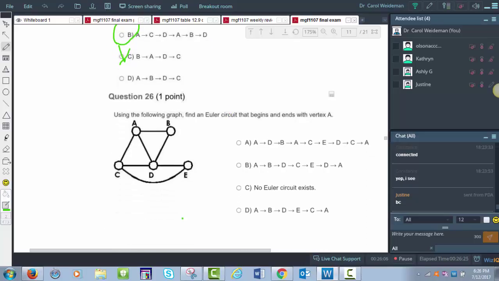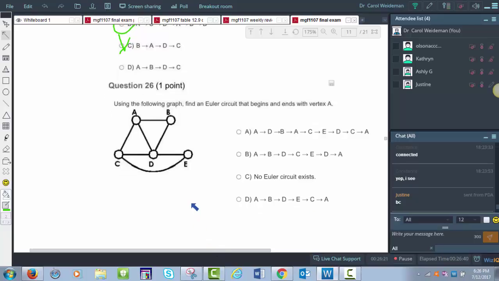Okay, using the following graph, find a circuit that begins and ends with A. So the first thing you want to take a look at is, are they all beginning and ending with A? And it looks like they are. So let's take a look and see. First of all, is there a Euler circuit here? So how do you determine that? Look at your vertices, right? A is odd. There's one odd. B is even. Let's start jotting down. It looks like A is 1, 2, 3, an odd.